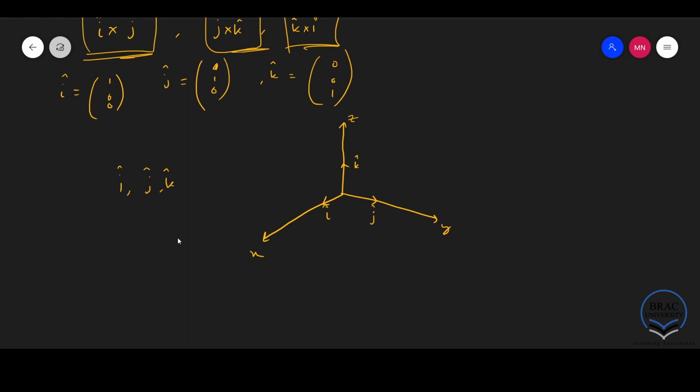And we know that all of these basis vectors are orthogonal to each other. Since these are non-zero vectors, as they have a magnitude of 1 unit, they are perpendicular to each other. They're at 90 degrees to each other, or we can say they are at pi by 2 radians to each other.